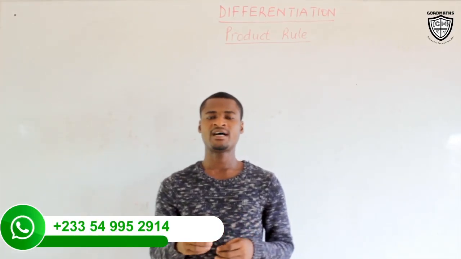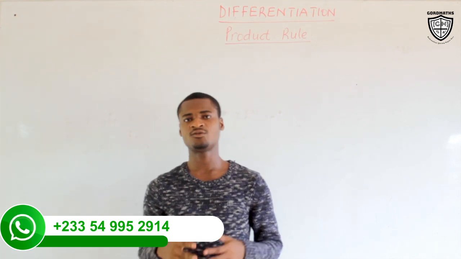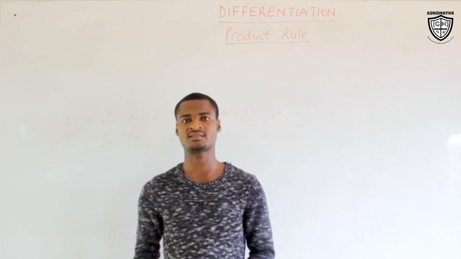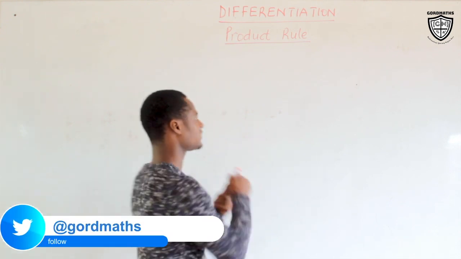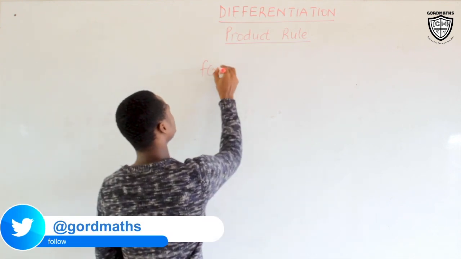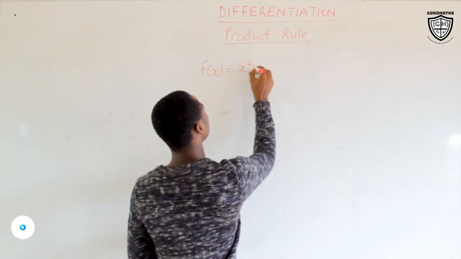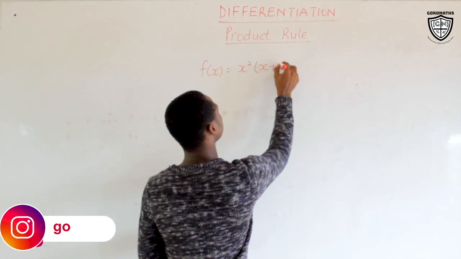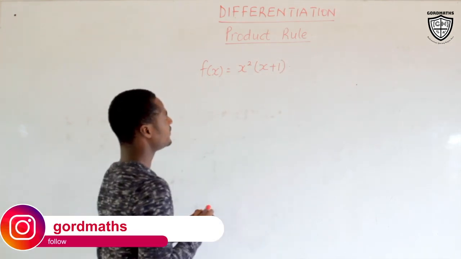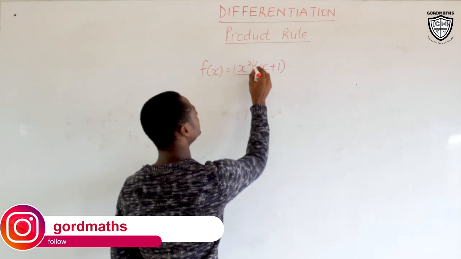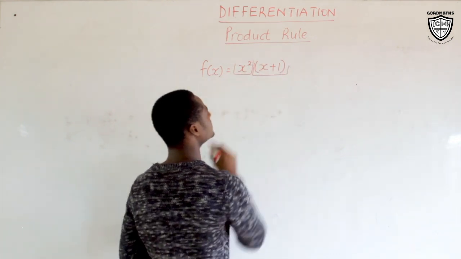We apply the product rule of differentiation to functions that are products of other functions. Consider the function f of x is equal to x squared times x plus 1. This function is a product of the function x squared and the function x plus 1.